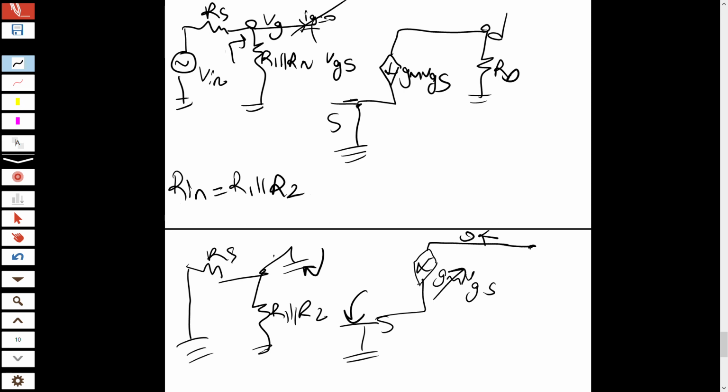So my circuit for the AC case becomes like this. There is GM VGS. This current is 0. Sorry, this is R source. Gate is 0.